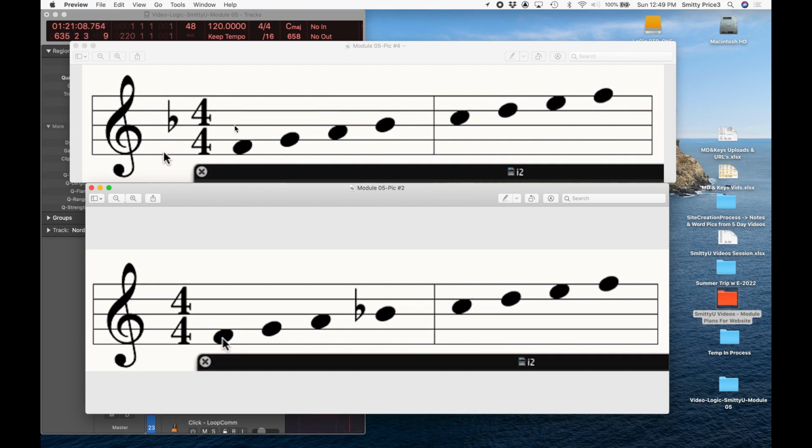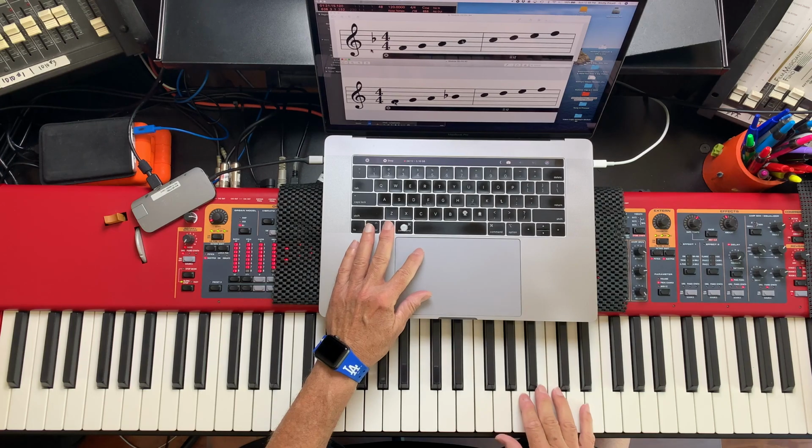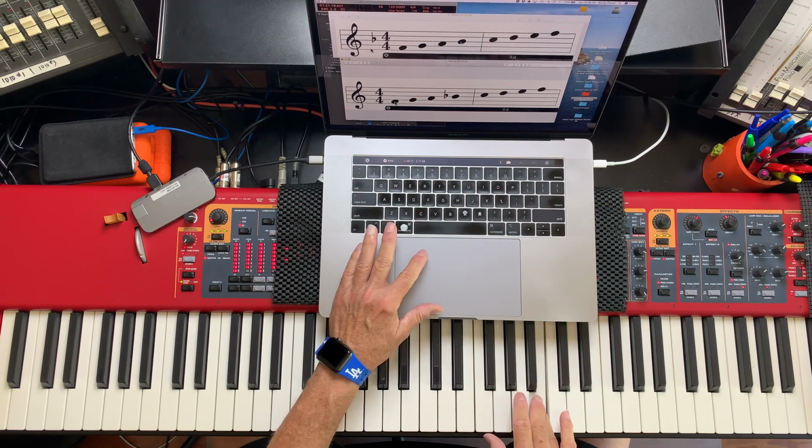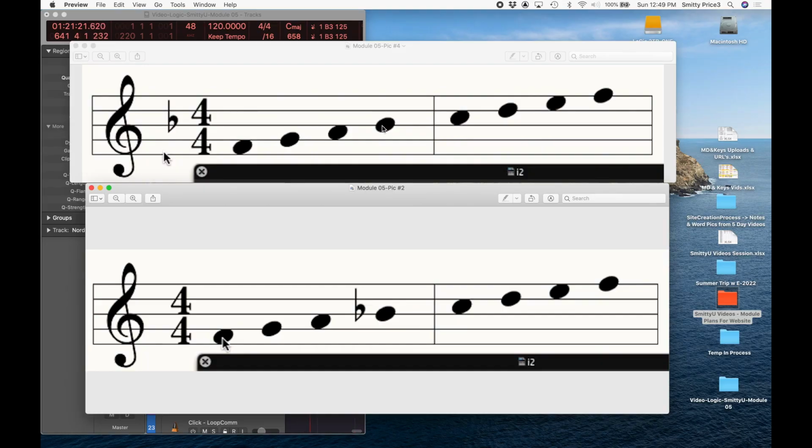Okay, so here we go. Let's play this one more time. Here we go. F, G, A, B. Okay, I see a B, but instead of playing F, G, A, B natural, I play the B flatted because it says to play that over here. C, D, E, F. So you can imagine how this key signature really simplifies your reading.